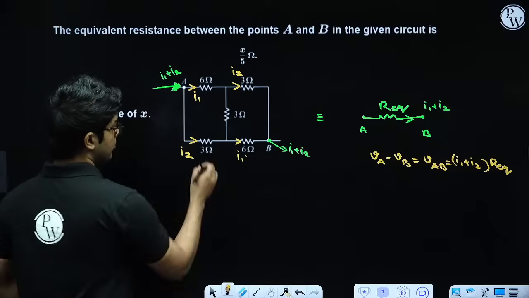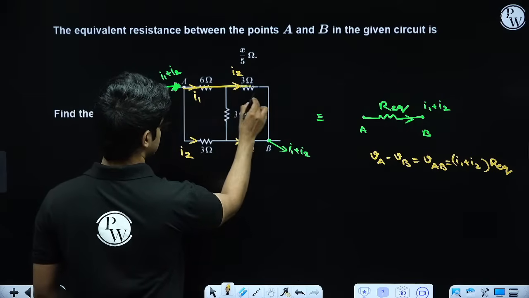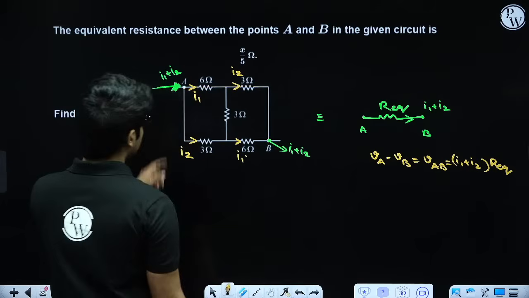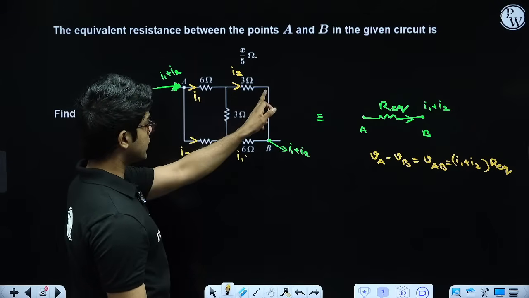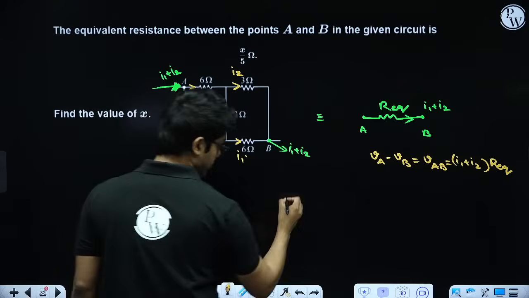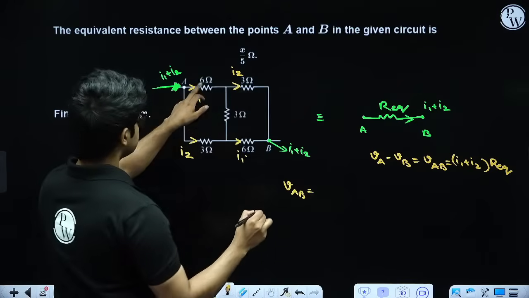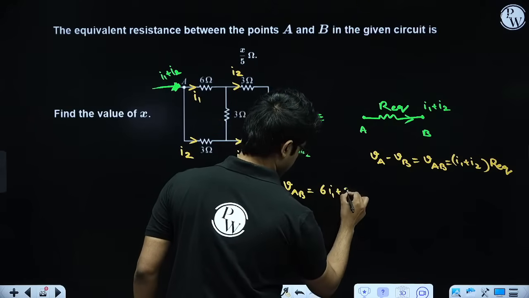So what are the two branches? We can take this particular loop to write VAB. Okay, so VA minus I1 into 6 minus I2 into 3 equals VB, which means VAB equals 6I1 plus 3I2.